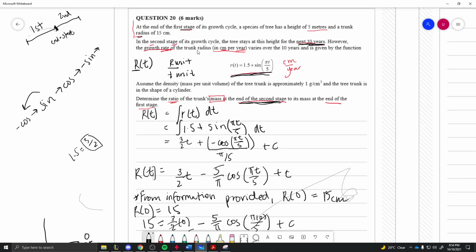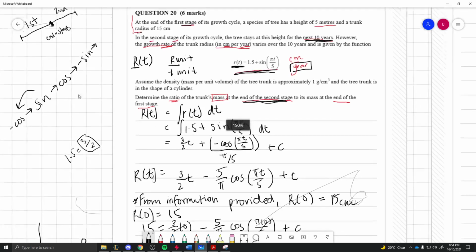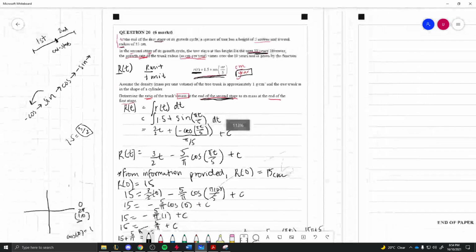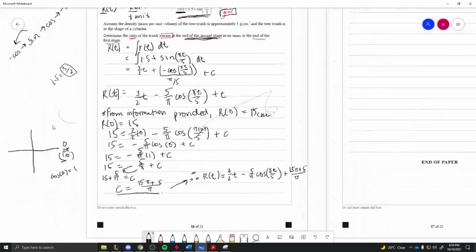So knowing that this is a differential of R of T, and if this is centimeters over year, you know that T is going to be in years. I don't know if it says it in the question, I can't read it currently, but it's a good thing to know. That's the purpose of a rate.